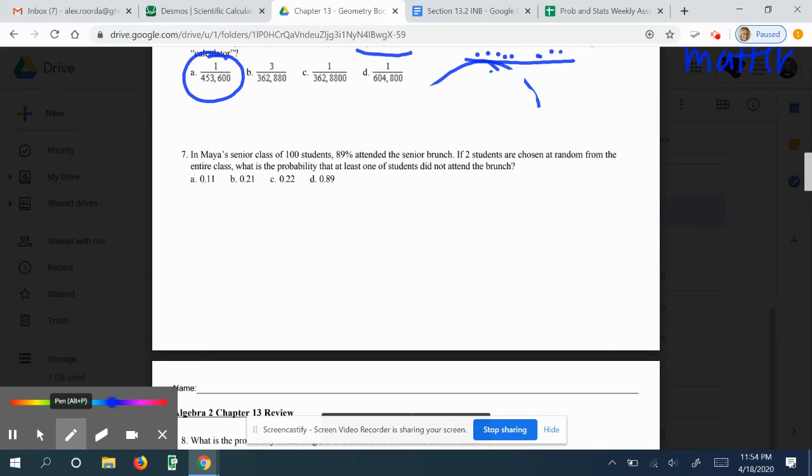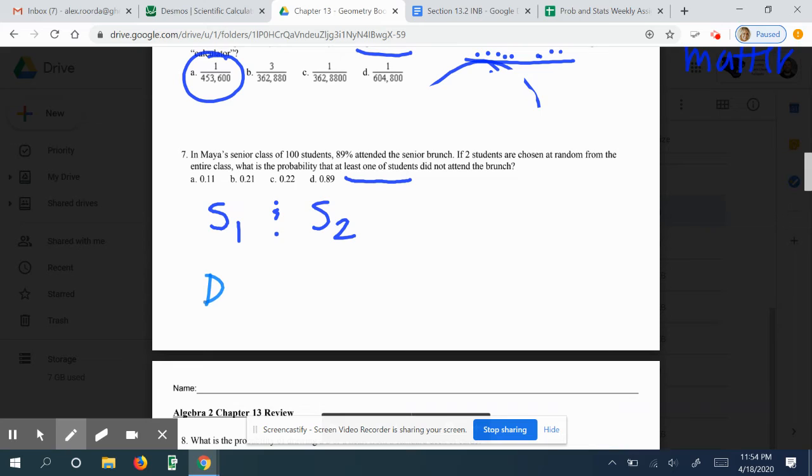So if I have 2 students, I have student 1 and I have student 2. So at least one of the students did not attend the brunch. So that could be either student 1 did not, or student 2 did not, or both of them did not, right?